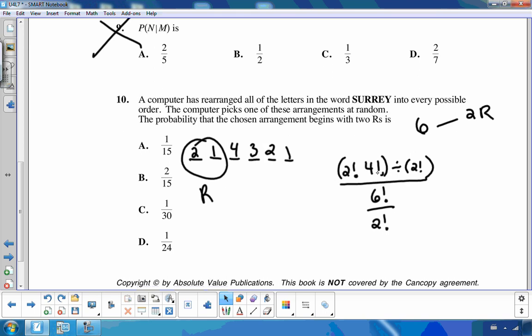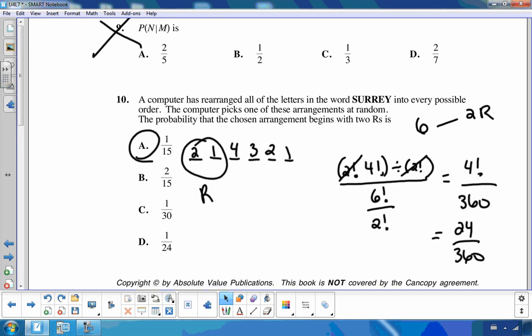So if I have 2 factorial times 4 factorial divided by 2 factorial, that's really just 4 factorial over 6 factorial divided by 2, which is actually 360. So this is 24 over 360, which I put into lowest terms, and I get 1/15. So again, always divide by the ways of arranging the repeated elements.